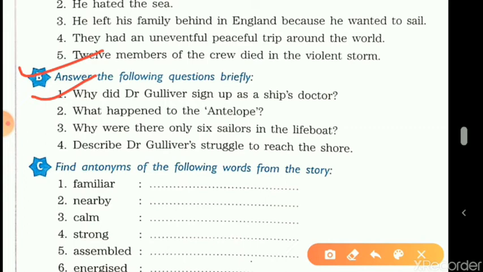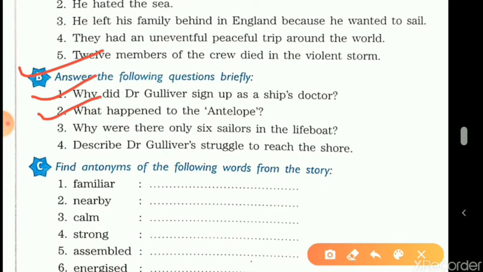Question number 2. What happened to the Antelope? Antelope was the name of the ship in which Dr. Gulliver had started his sail. Now, what happened to the Antelope? Answer.